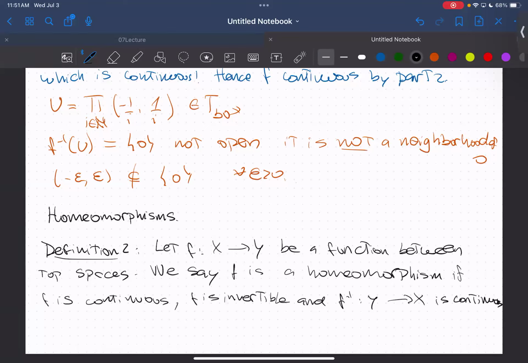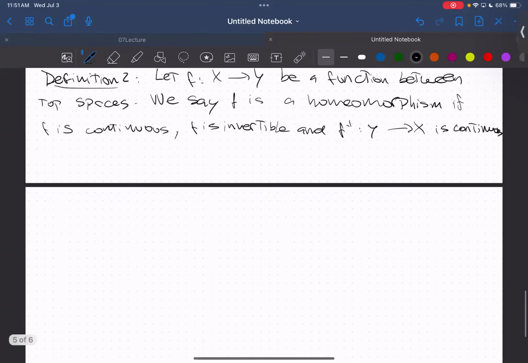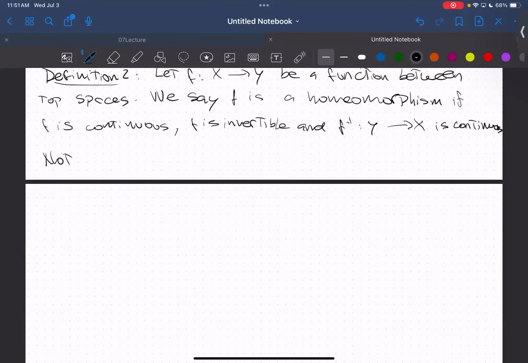But in linear algebra, if you have a linear function that's bijective, then the inverse is also linear. That's not the case here. So let me just note: f can be continuous and bijective without the inverse being continuous.